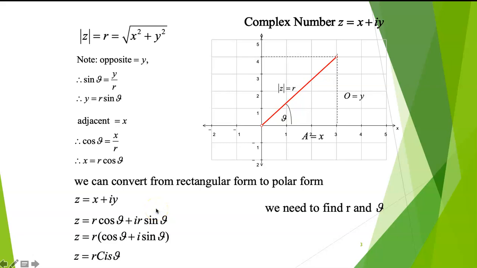If you know r and theta, you can write it in polar form as r cis theta. So this z is the same complex number, but in polar form, r cis theta. If you know theta and the modulus, you can write it back into rectangular form by expanding it: r cosine theta plus i r sine theta. So it's just expanding it.